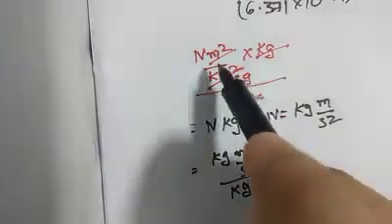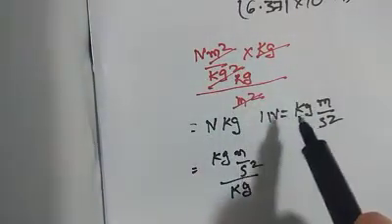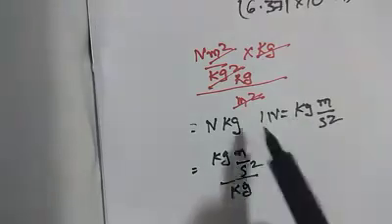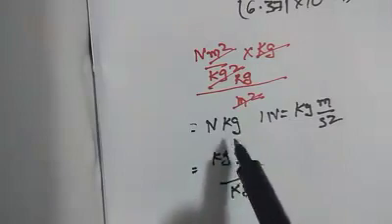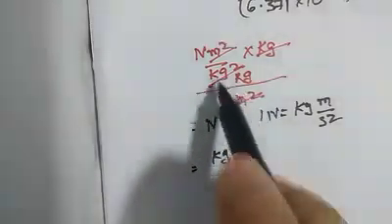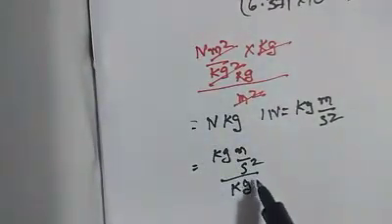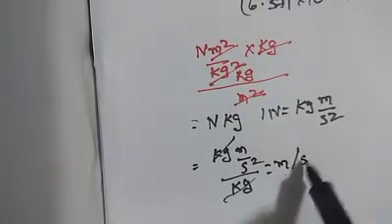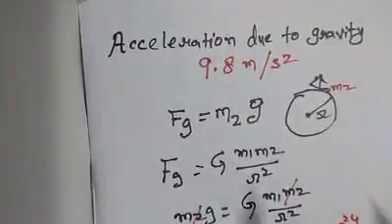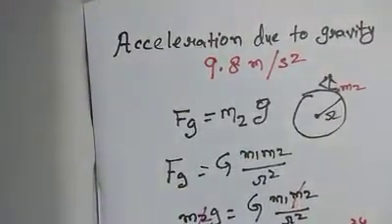We have got the value of Newton as 1 Newton equal to kilogram meter per second squared, and below we have got kilogram, so the kilogram comes below the Newton, and these get cancelled out. And you see what we have got is meter per second squared. That is exactly what we showed you right at the beginning. It is 9.8 meter per second squared.